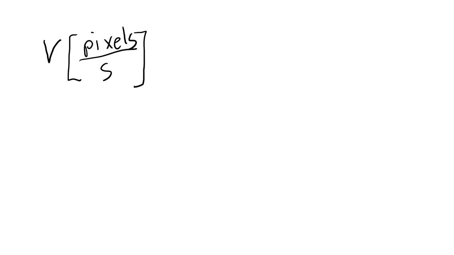Now, I'm also going to make another estimation. This is the size of the object in units of pixels. I'll call that d. We'll finish this derivation, and then I'll give you an example to help you understand what each of these values means and how we might get it.